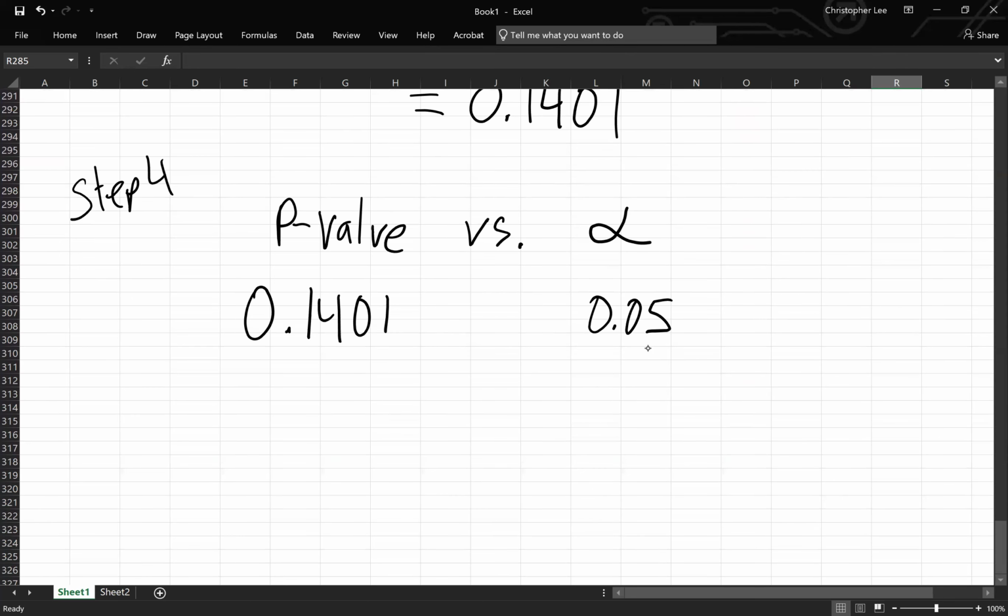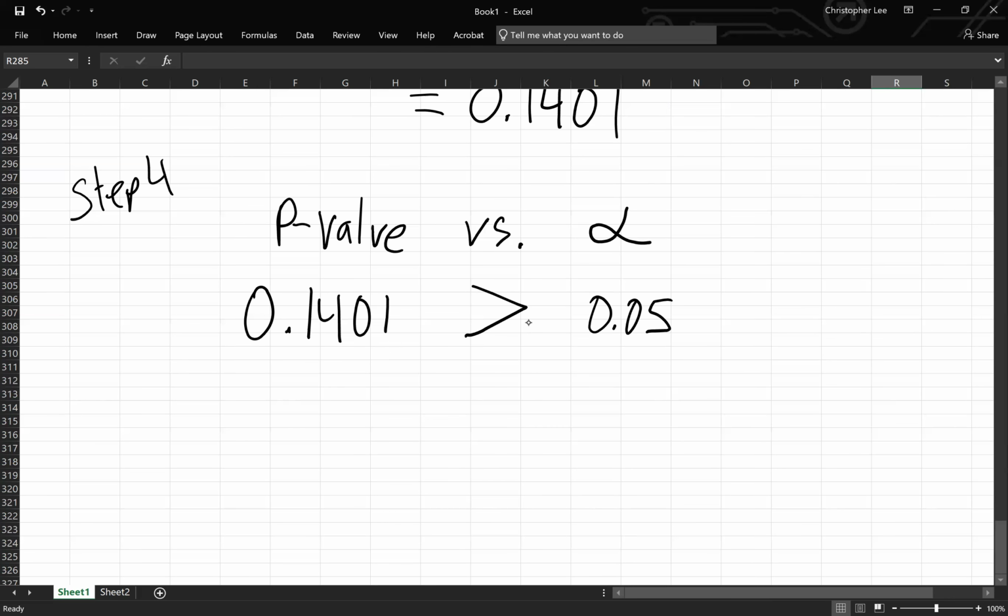Which one is bigger? 0.14 is bigger than 0.05, right?